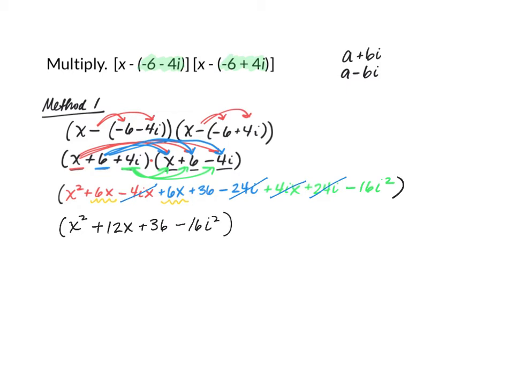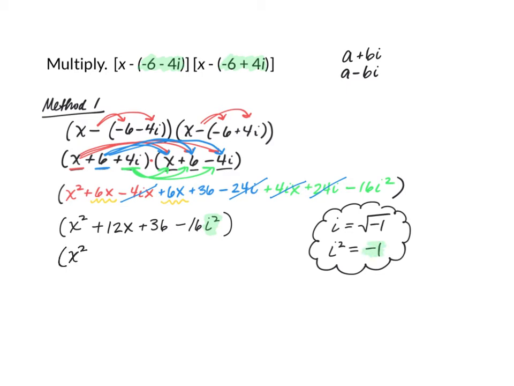Now at this point, it's useful to remember that i, the imaginary unit, is defined as the square root of negative 1. So i squared is defined as negative 1. And this is useful information because it is going to let us simplify a little bit further. We're going to replace this i squared with negative 1, so that way we will not have any imaginary numbers in our final answer.